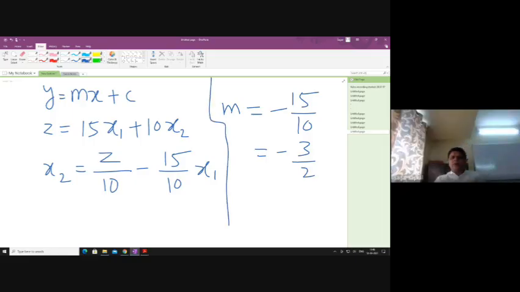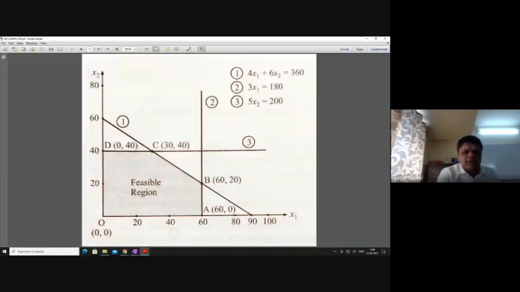Now, can you draw a line having slope minus 3 by 2 on this particular graph paper? Yes, sir. To draw a line having slope minus 3 by 2: minus 3 by 2 means sloping towards the right, from top to bottom, in this direction.